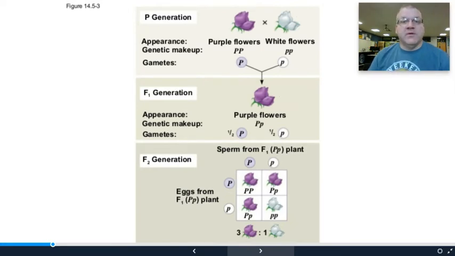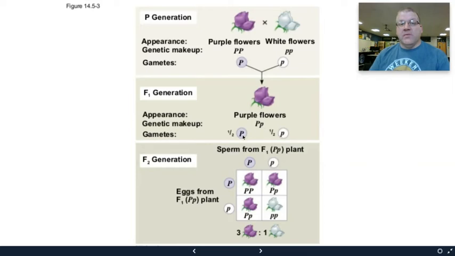We can put some symbolism to that, and we can put some numbers to it. So notice in the F1 generation, as we are combining these two, when we're doing our P2, our second parental cross now, half of these alleles are going to separate into gametes here. Half of these alleles will separate into the gametes there.